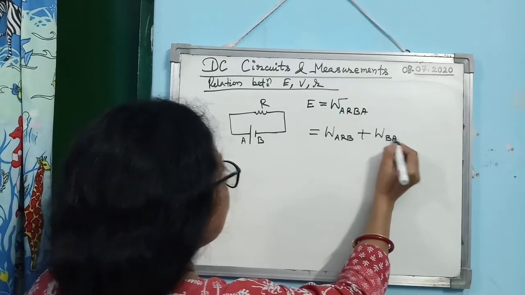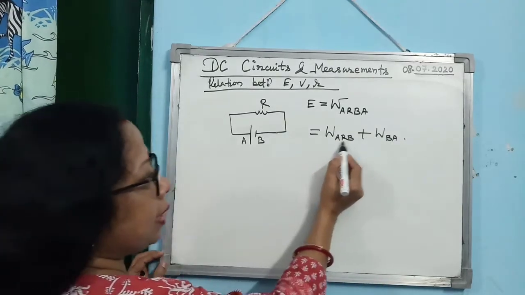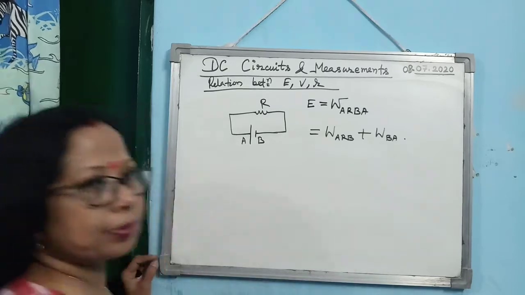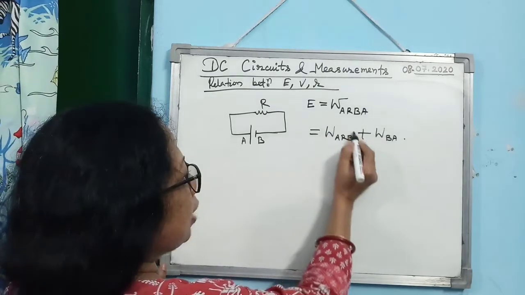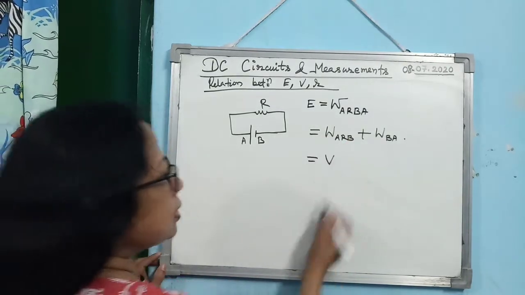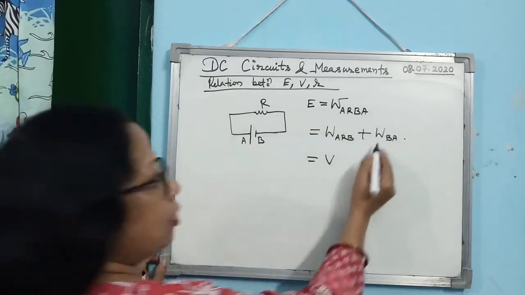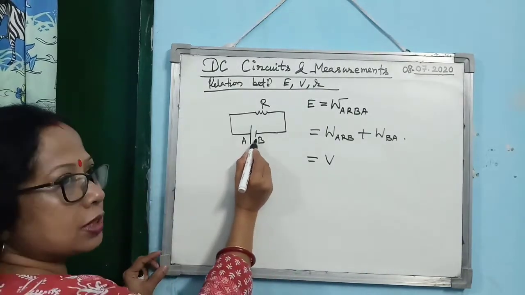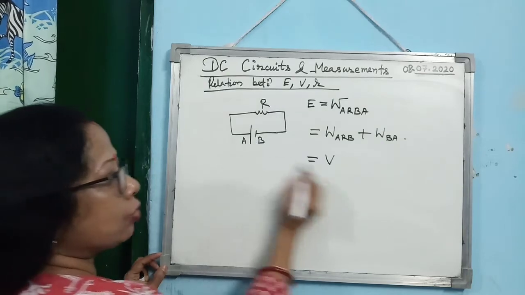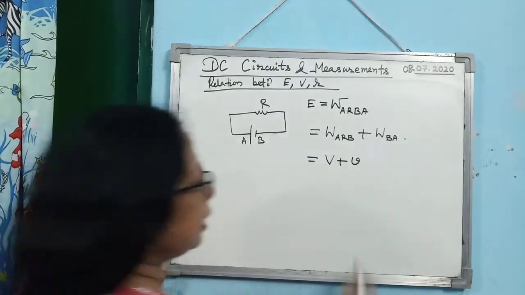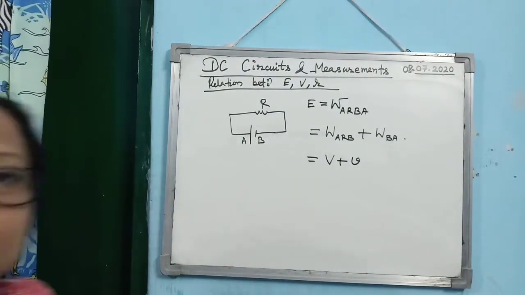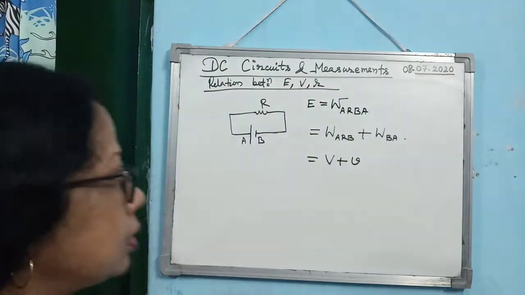Work done to take the unit positive charge from A to R to B is known as the terminal PD, and work done to take the positive charge through the electrolyte, from B to A, is known as the potential drop across the electrolyte.